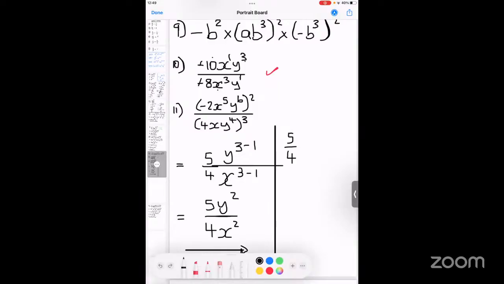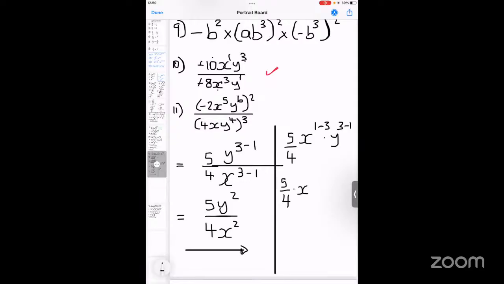Then it means we have x to the exponent of 1 minus 3 multiplying y to the exponent of 3 minus 1. So that means you have 5 over 4 as your coefficient. Then you have x negative 2 y 2.